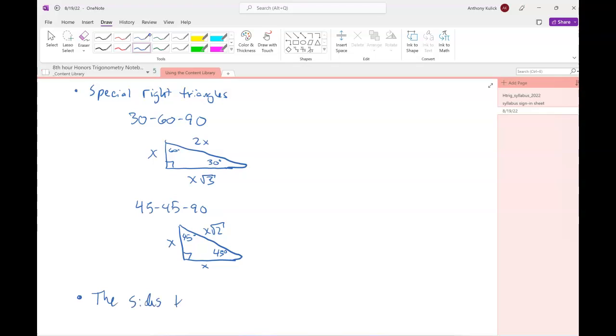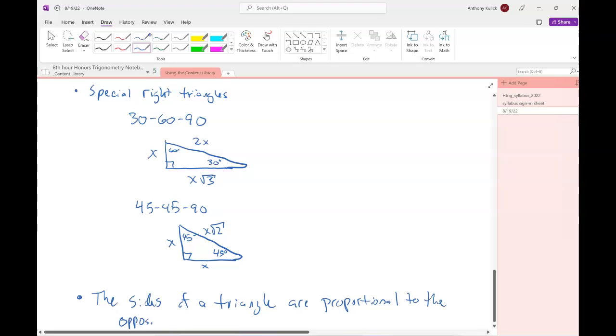So we say the sides of a triangle are proportional to the opposite angle measure. So as Braden said, the biggest side is across from the biggest angle, the smallest side across from the smallest angle, and the medium side is across from the middle angle.